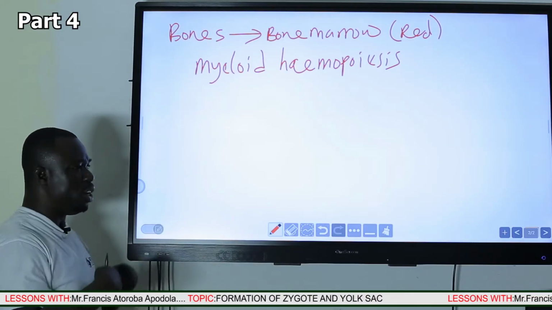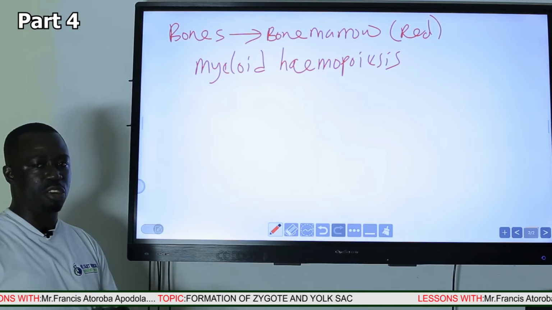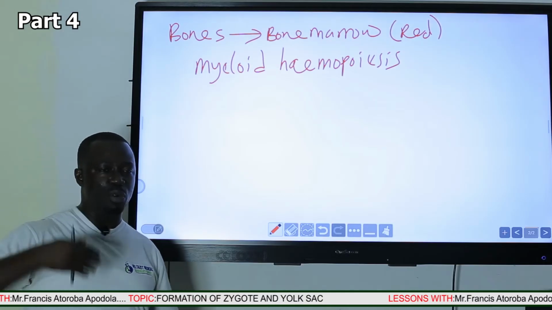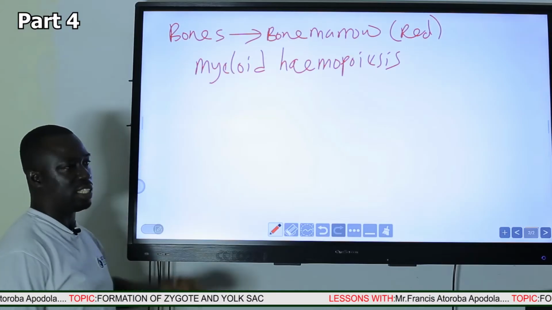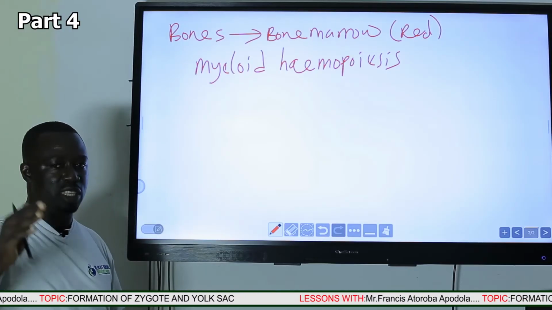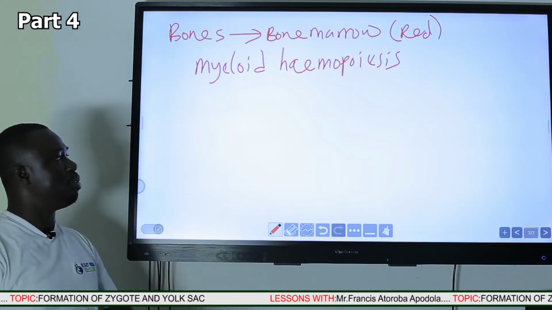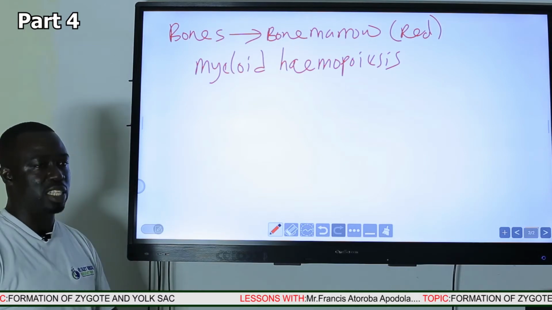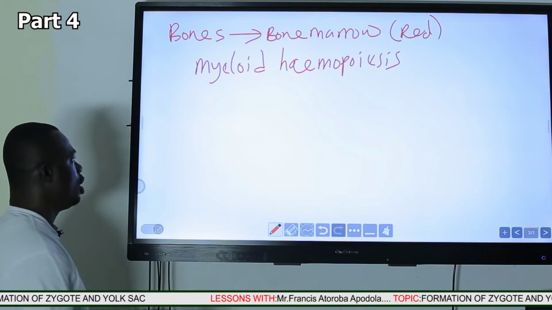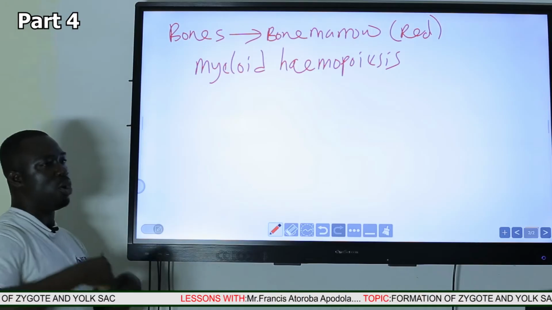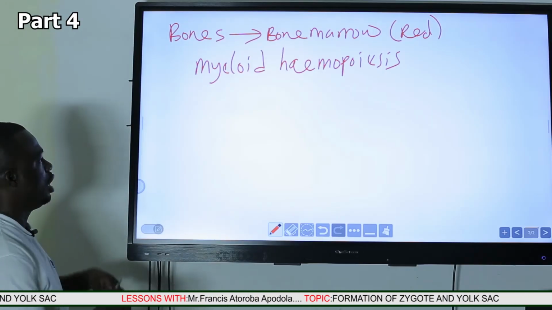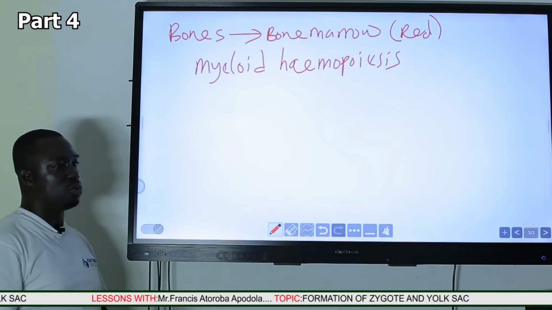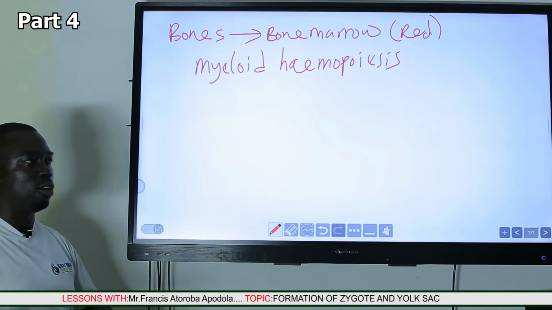So we also looked at the various hemoglobins that are produced at these 3 phases. When we look at the first phase, the mesoblastic phase, which is also known as the embryonic phase, within the embryo there are hemoglobin molecules being produced, and these are embryonic hemoglobins.